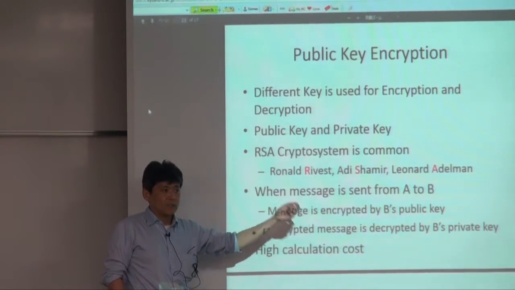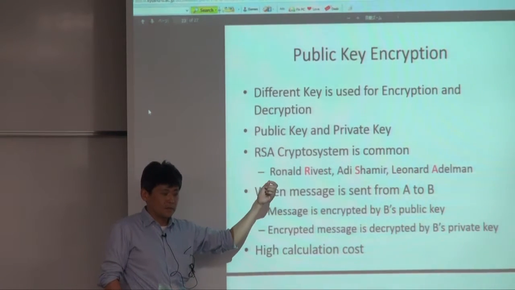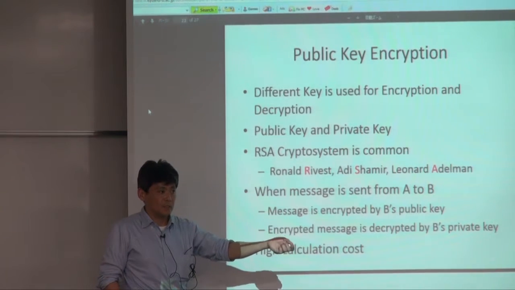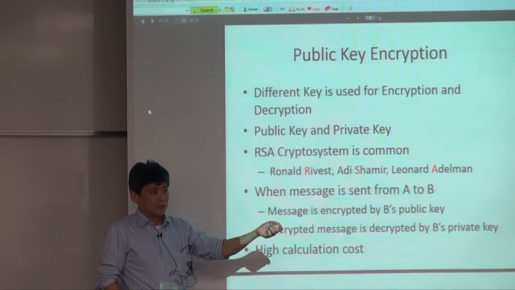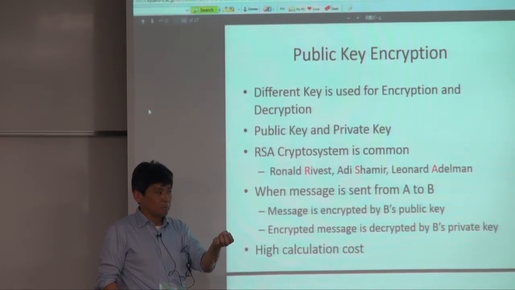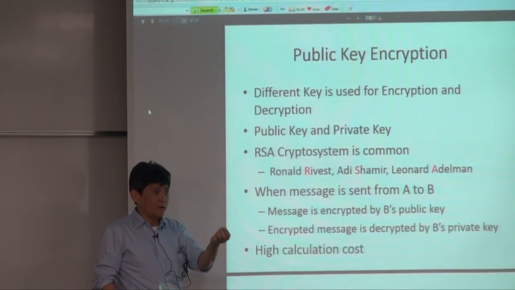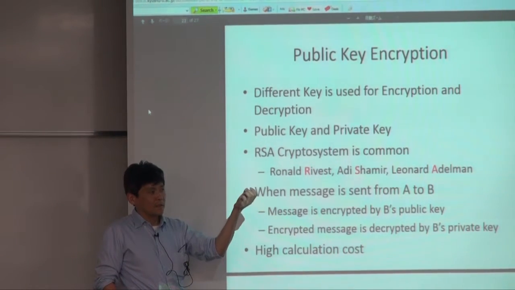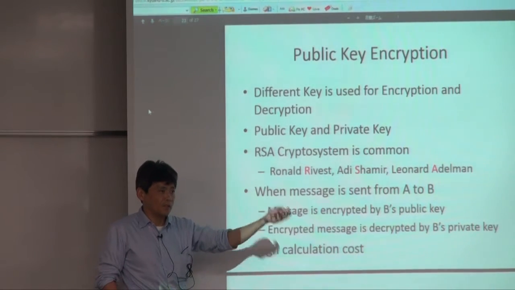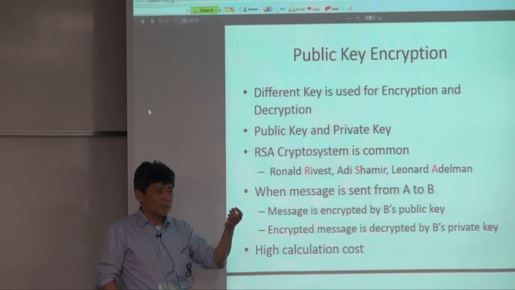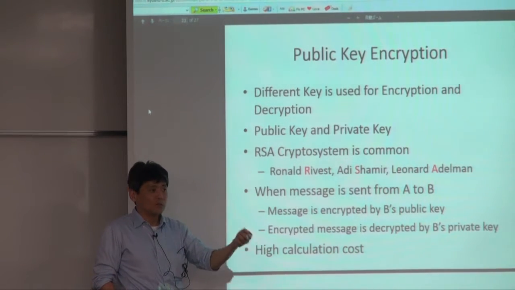Okay? So you can provide your public key to other persons. The other person can encrypt any content, any document using such a public key. So the public key and the private key make a pair. So if the contents are encrypted using your public key, you can decrypt it using your private key.